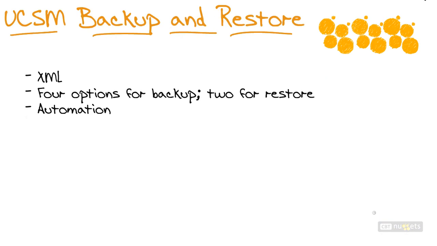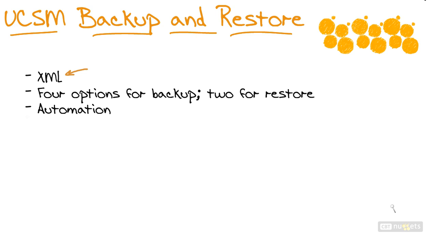Now, the first point I want to remind you about is remember everything's being stored regarding the UCS system in that nice, convenient XML. This is going to be excellent for backup and restore efficiencies. You can be in a real complex data center environment, and you're going to find that the backup and restore process is marvelously efficient.